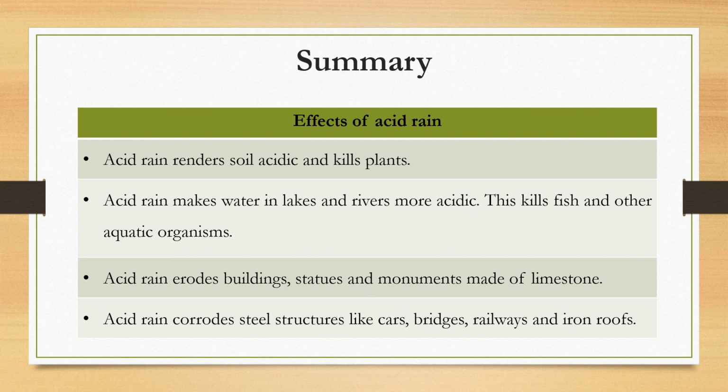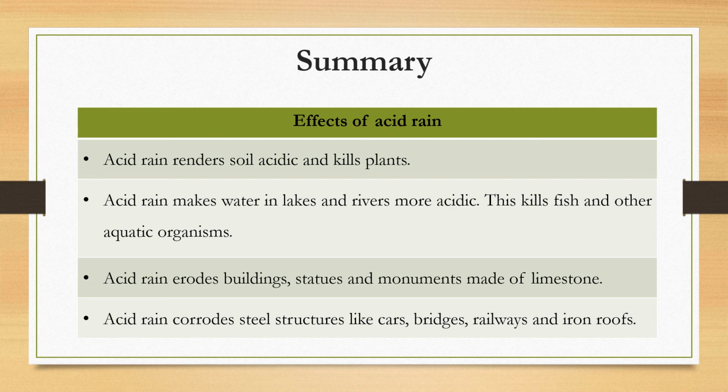You have also learned about some effects of acid rain. Acid rain renders soil acidic and kills plants. It makes water in lakes and rivers more acidic. This kills fish and other aquatic organisms.